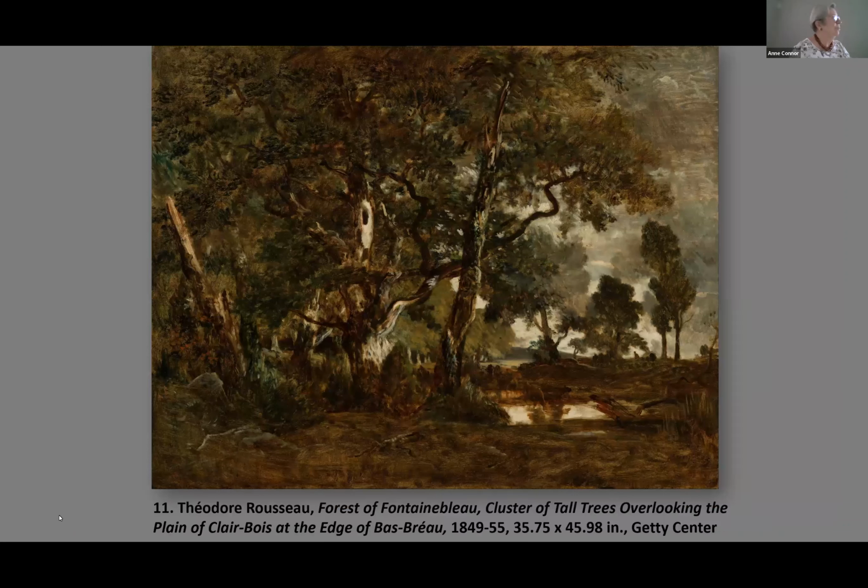This is the forest of Fontainebleau. And as you can see, this one is in the Getty, but he has many in the Louvre and in other great museums by now. Of course, he didn't profit of this.